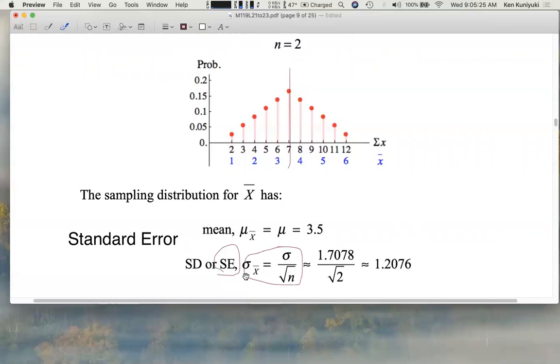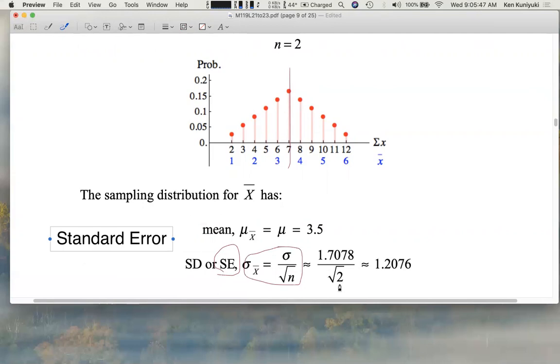So to compute the standard dev for the x bar distribution, the standard error, you take 1.7078, sigma for the Big Daddy distribution for one die, and you divide by the square root of the sample size, which was 2 in this case. Each student is rolling 2 dice.